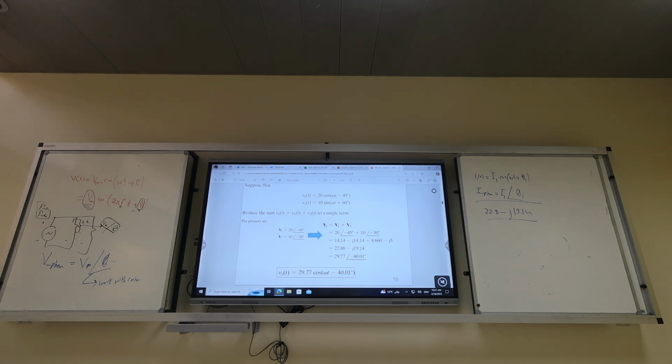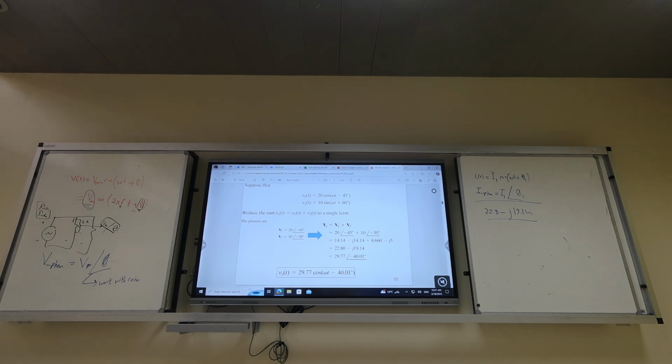And then you click equals. Now you have it as 22 minus 19j. Then you hit shift 2. Some calculators are different, guys.